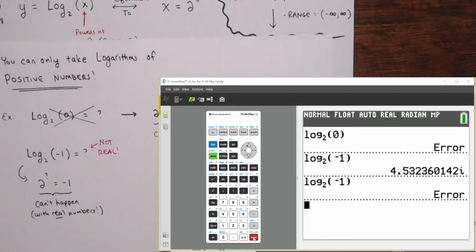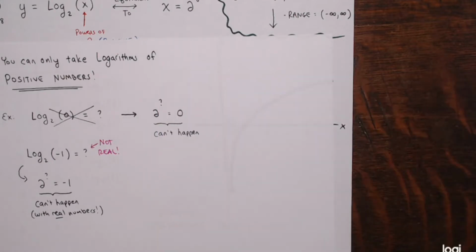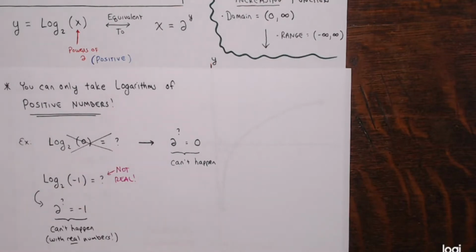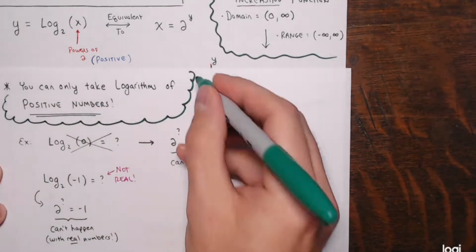Okay, so just be careful with logarithms. Make sure that the number inside the logarithm is positive. So big note here. Definitely remember this when we're talking about graphing, where inputs are real.